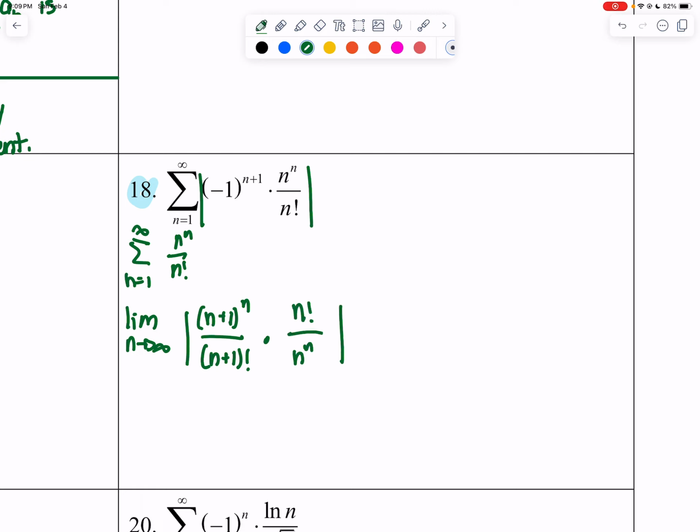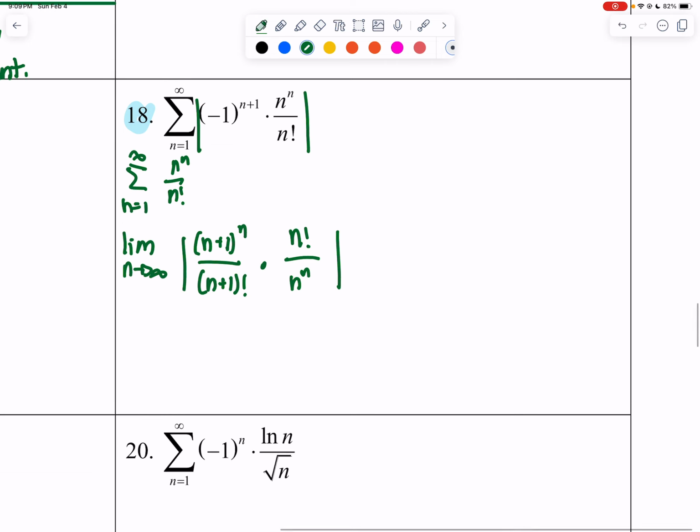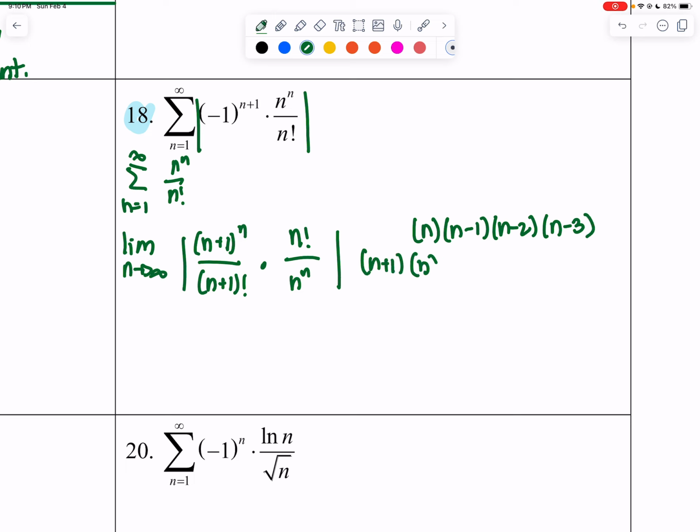So I have this lovely thing right here. All right. Now remember that n factorial and n plus 1 factorial, everything will cancel out except the n plus 1, because remember that n factorial is n, n minus 1, n minus 2, n minus 3, and n plus 1 factorial is n plus 1, n, n minus 1, n minus 2, n minus 3, and so forth. Everything cancels out except n plus 1.